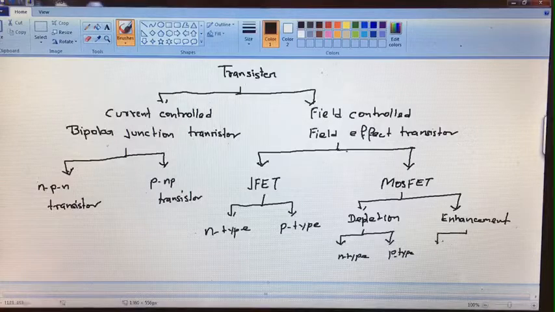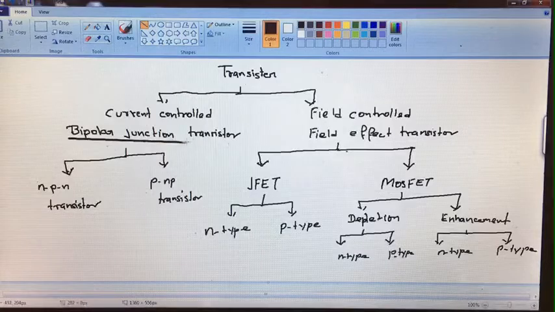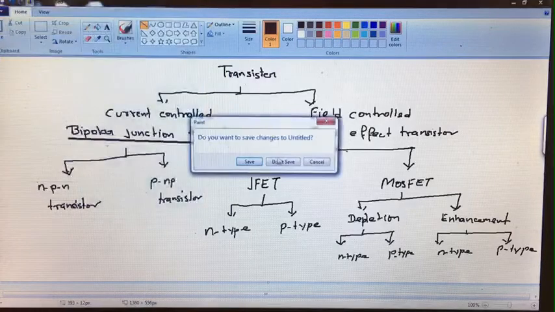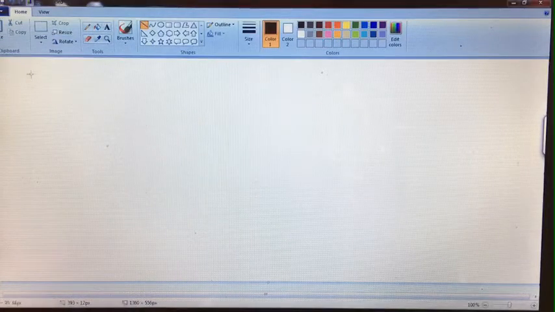Enhancement type is also of two type, N type and P type. In this lecture, we will discuss about bipolar junction transistor or BJT. So let's start about BJT. Then our first topic is BJT.